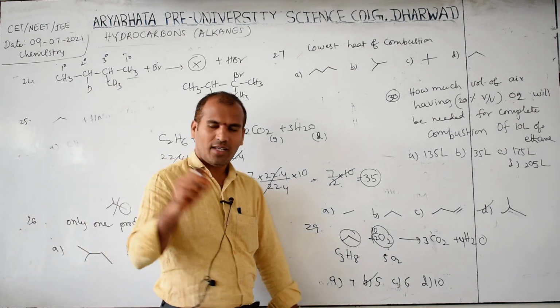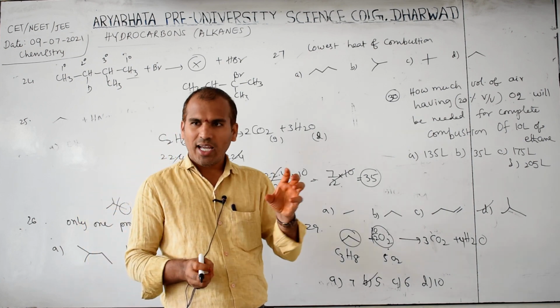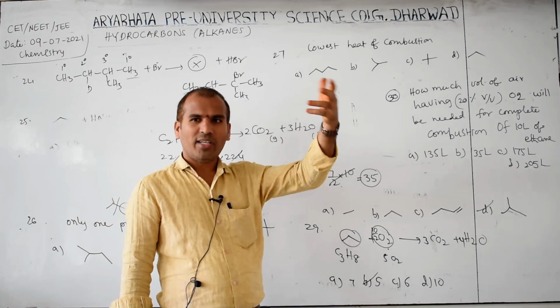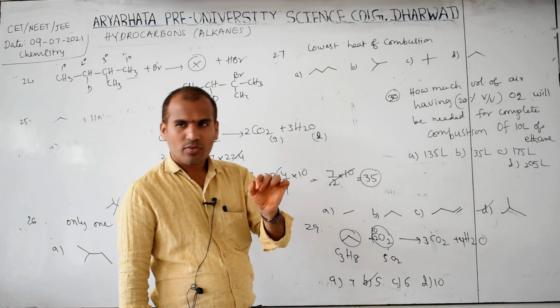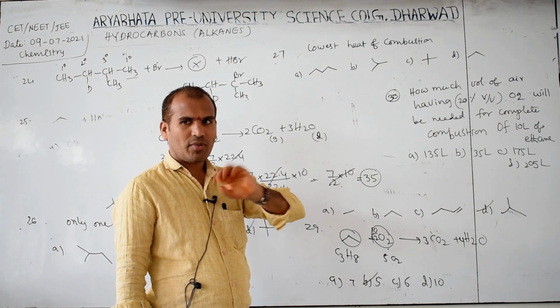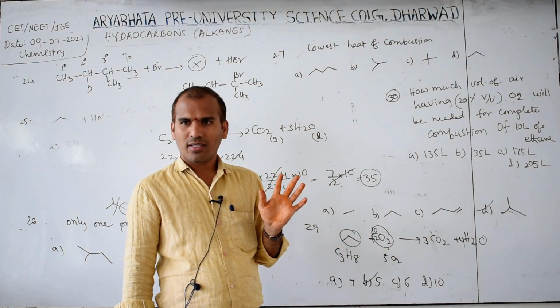You know that you may have studied in biology, chemistry or physics that air consists of how much? Actually 78% nitrogen and 21% oxygen, but roughly 80% nitrogen and 20% oxygen.